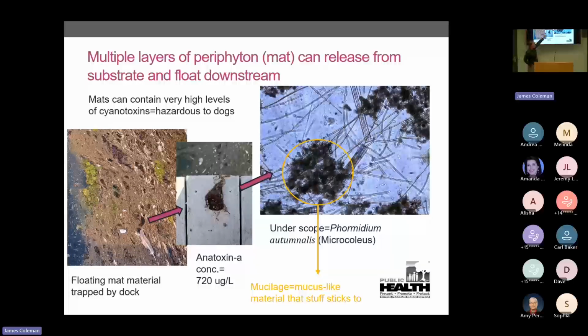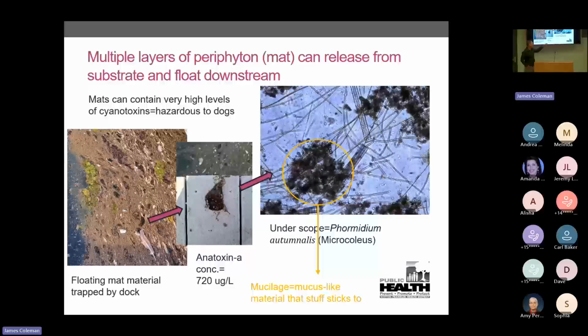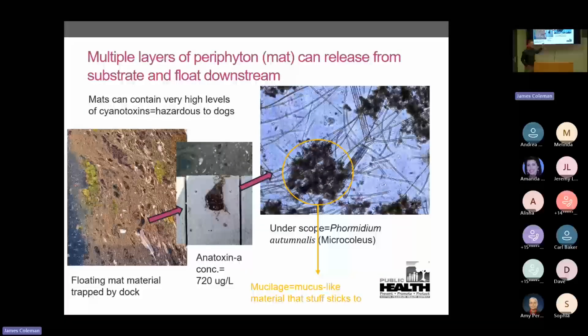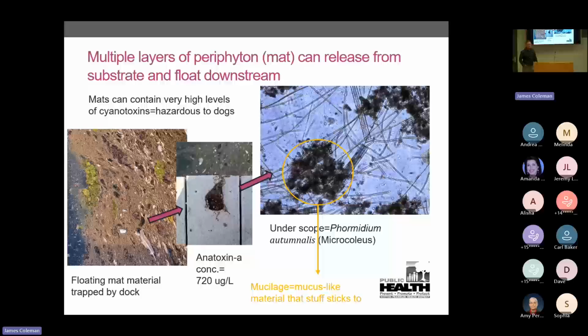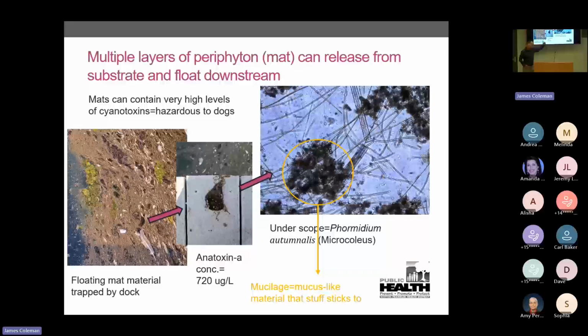I plucked one of these brown ones out, sent it to the lab. They homogenized it. They found 720 micrograms per liter, so 700 times above the recreational threshold. So if a dog ingested this, it would probably die very rapidly.